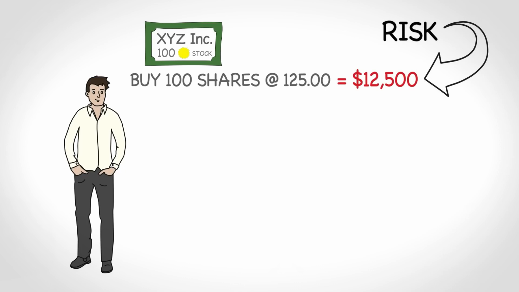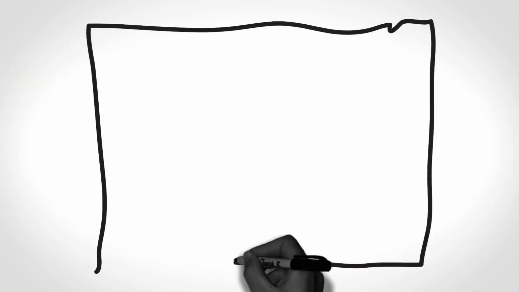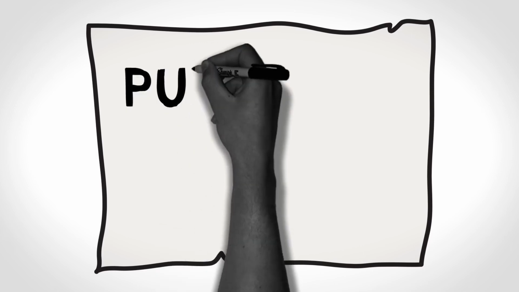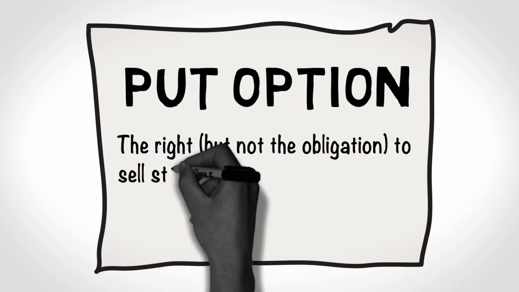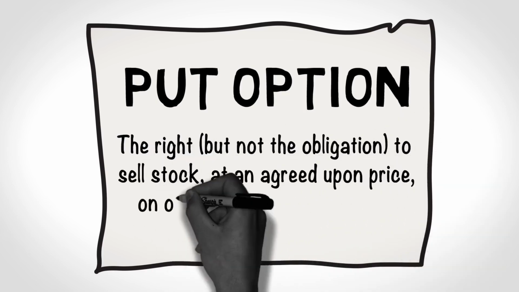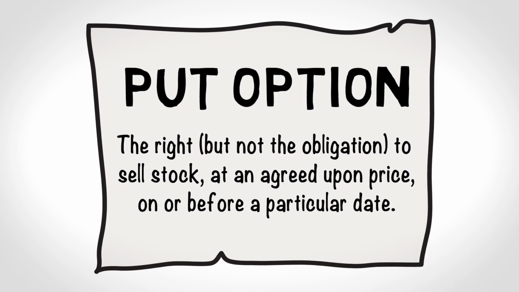Now, just like we purchased insurance on the Ferrari, we can also purchase insurance on this investment. We would do this by purchasing an option contract. Specifically in this example, we would purchase what is called a put option. By definition, buying a put option gives us the right, but not the obligation, to sell stock at an agreed upon price on or before a particular date.